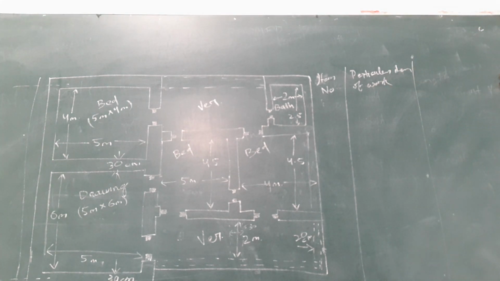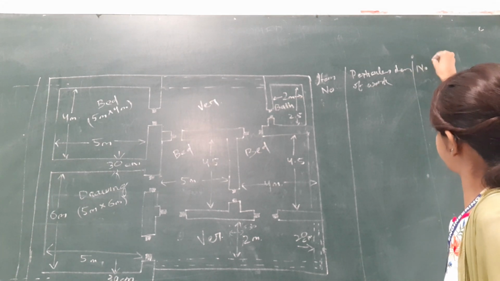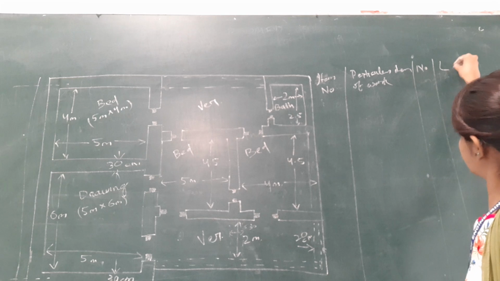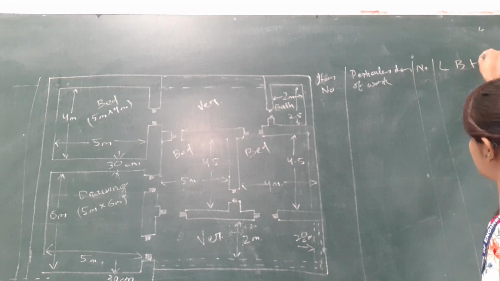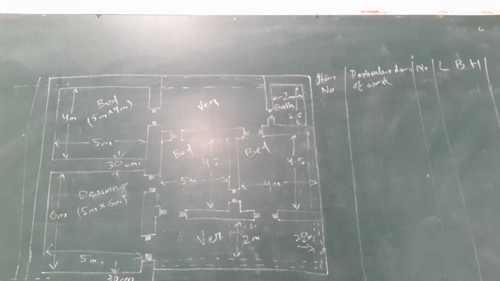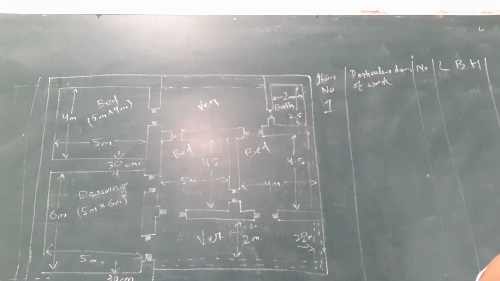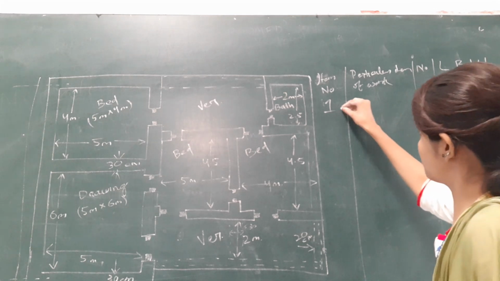Next, number, length, breadth and height. Okay, so at first we have to write this. Okay, item number is 1, right? Particular item number, what can we do first?